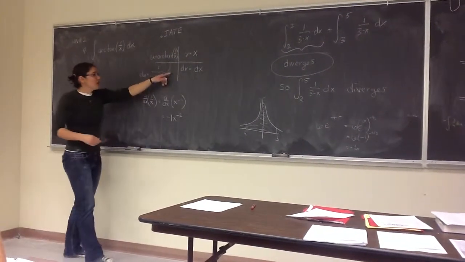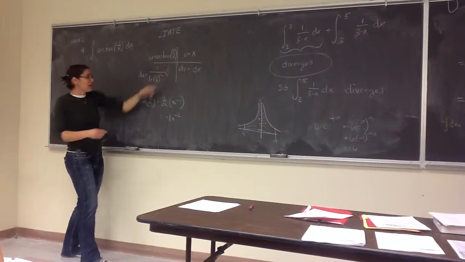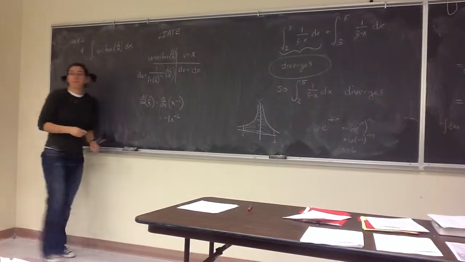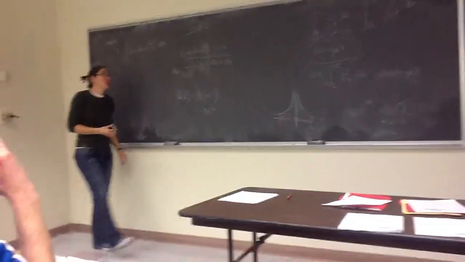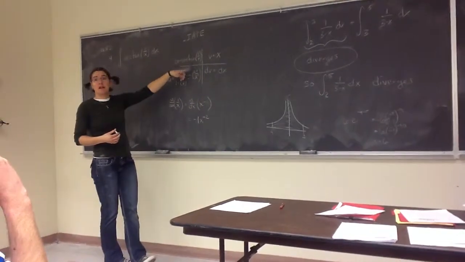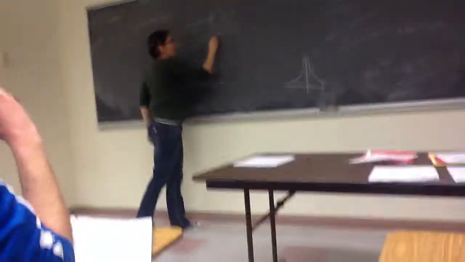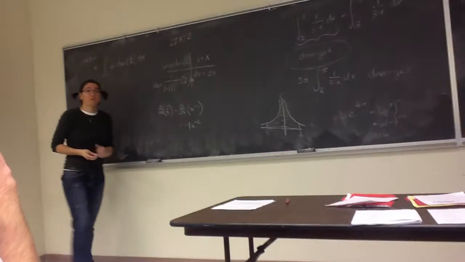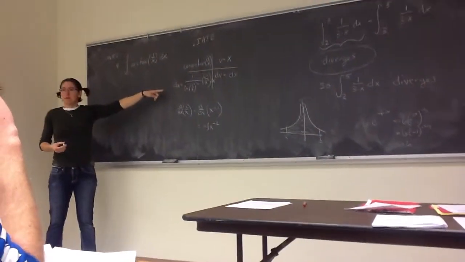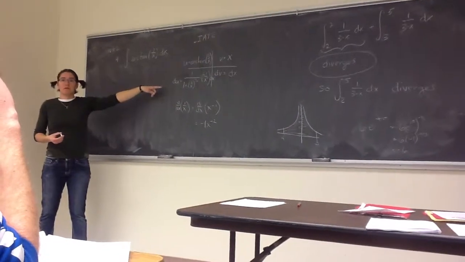So my derivative of the inside is negative 1 over x squared. Okay. So my full du is 1 over 1 plus 1 over x squared times negative 1 over x squared, and then I have a dx here at the end. Are there any questions about my derivative of arctangent of 1 over x?